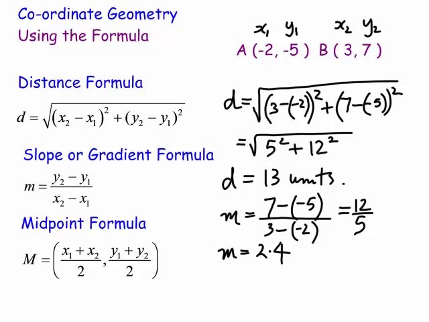Now you might remember this is actually equal to the rise over the run. And from trigonometry, you know that this is equal to tan of theta. So if you want to work out the angle it made with the positive direction of the x-axis, you'd have to go shift tan of 2.4.